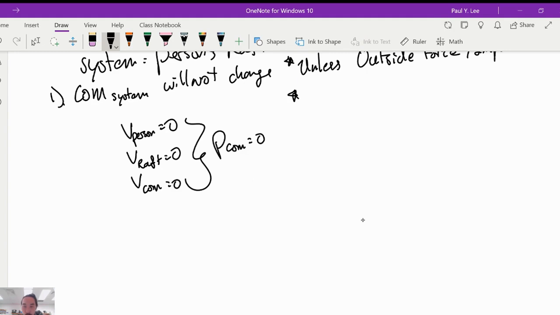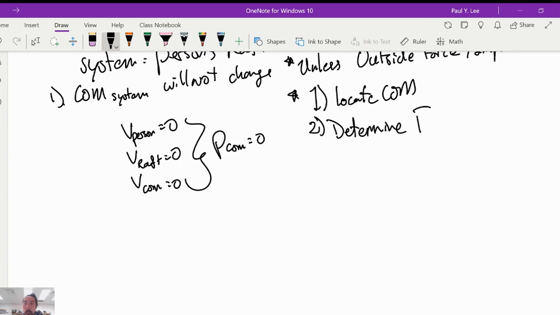Okay. So step 1 is you need to be able to locate the center of mass. Step 2, determine the momentum for the center of mass. And then step 3, double check, right? Make sure there is no impulse.